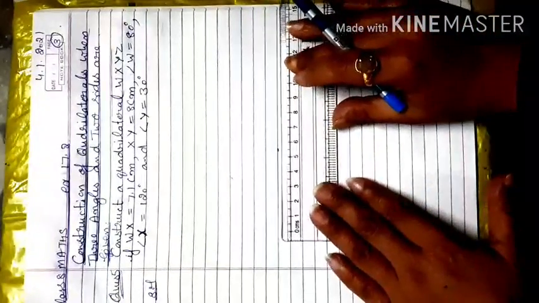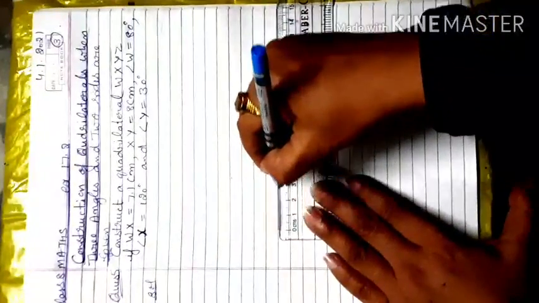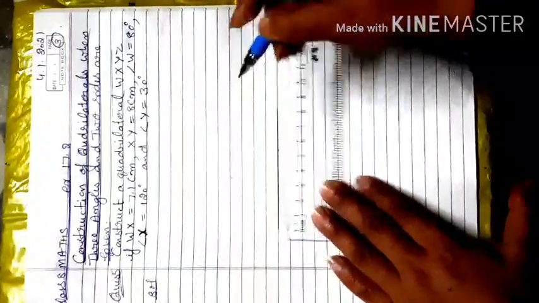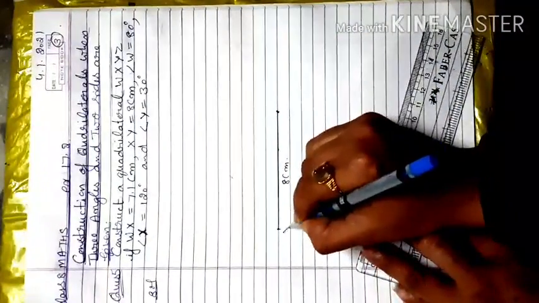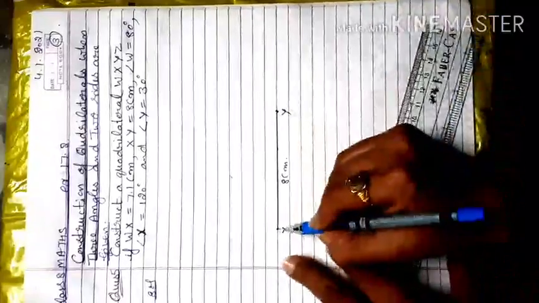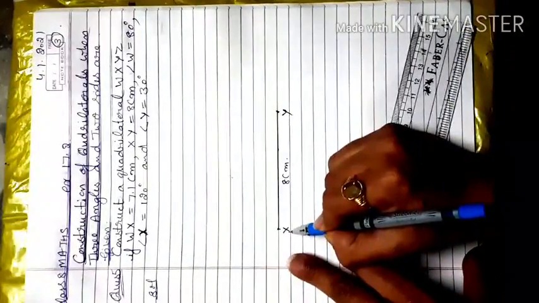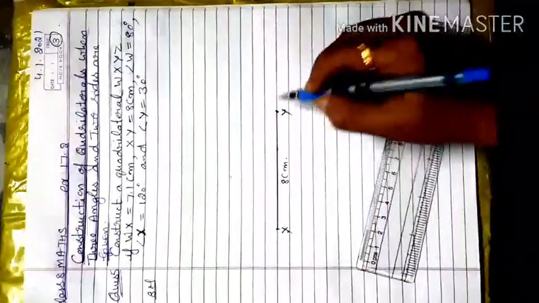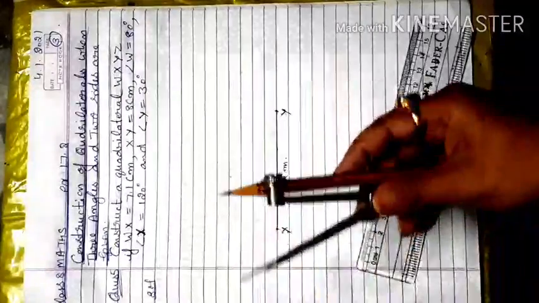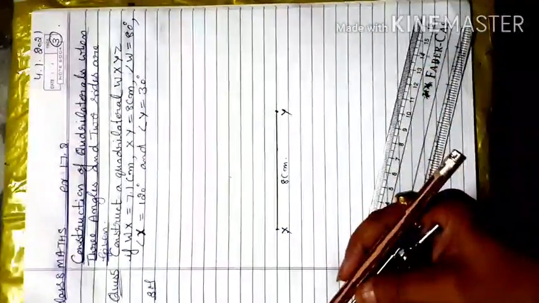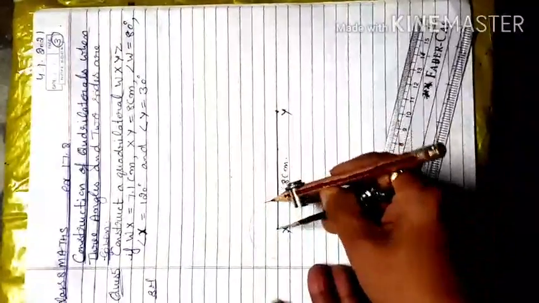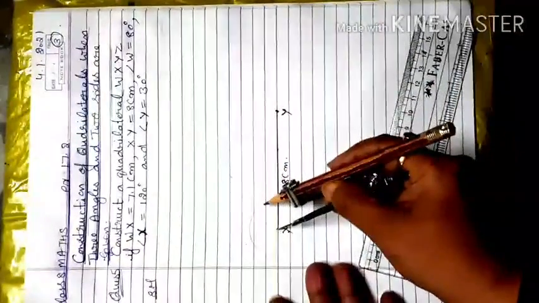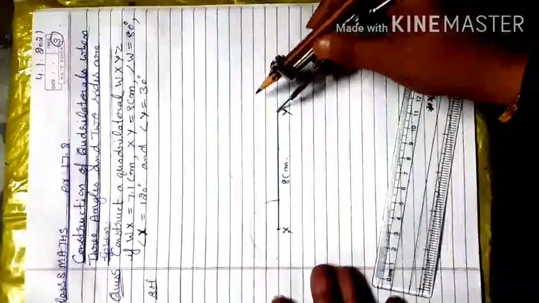So here I will first draw 8 centimeter from the scale. So I will draw here 8 centimeter XY. On this, at angle X, we have to draw 120 degree and here we have to draw 30 degree. For the 120 degree angle, first I will make a semicircle with X as center, and here also with Y as center.